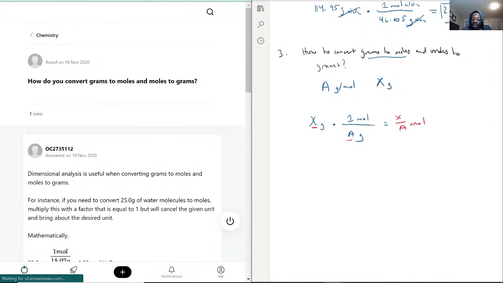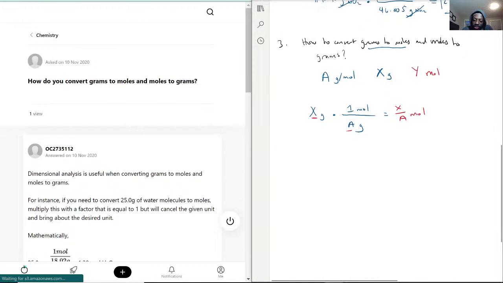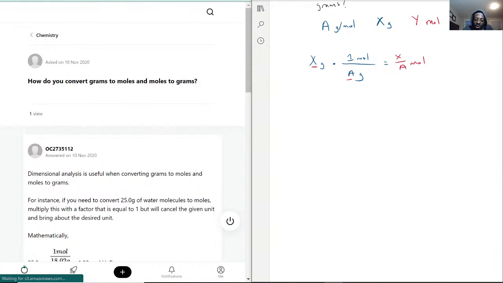Now you're probably wondering, how do you get from moles to grams? Let's say you had y moles. Here we do the same thing. We have y moles of an element, but this time you want the moles to cancel out to get to the grams.